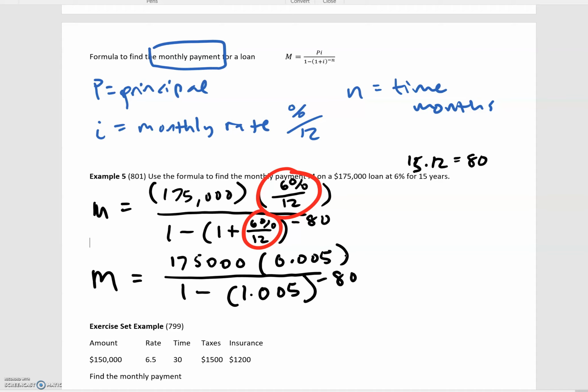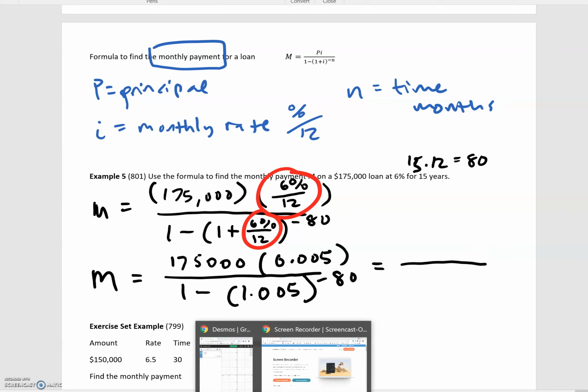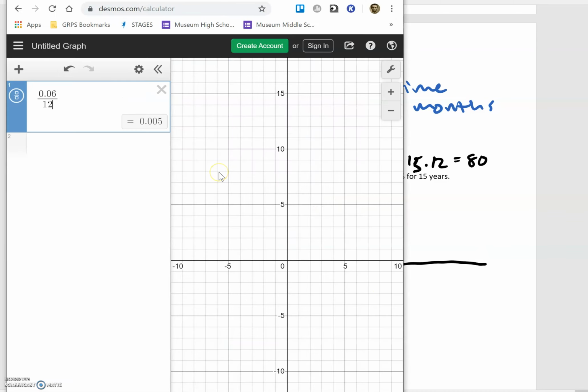So if it helps you, just break this down into pieces. I'm going to break it down into the numerator and the denominator, and then we'll do that division in the end. So 175,000 times 0.005. All right, 875 in my numerator.